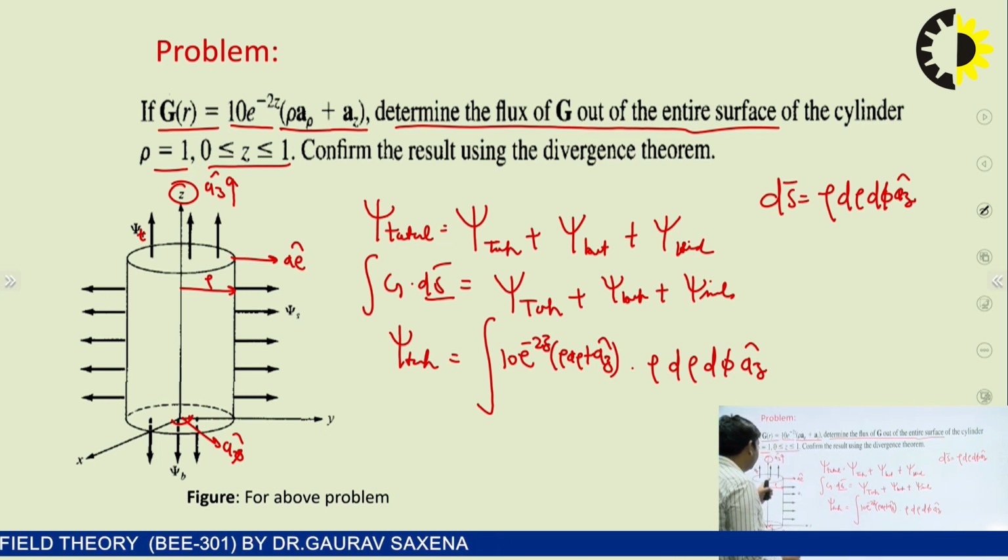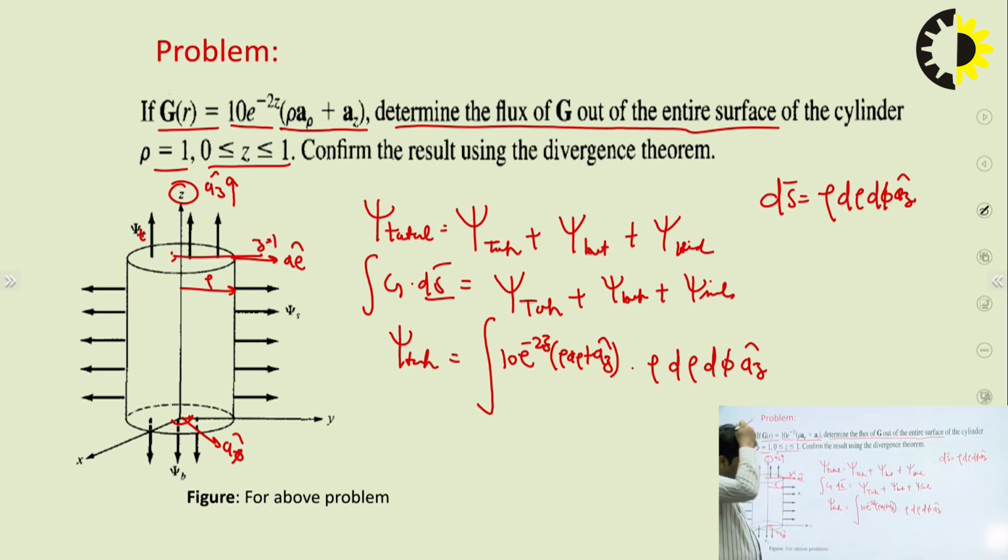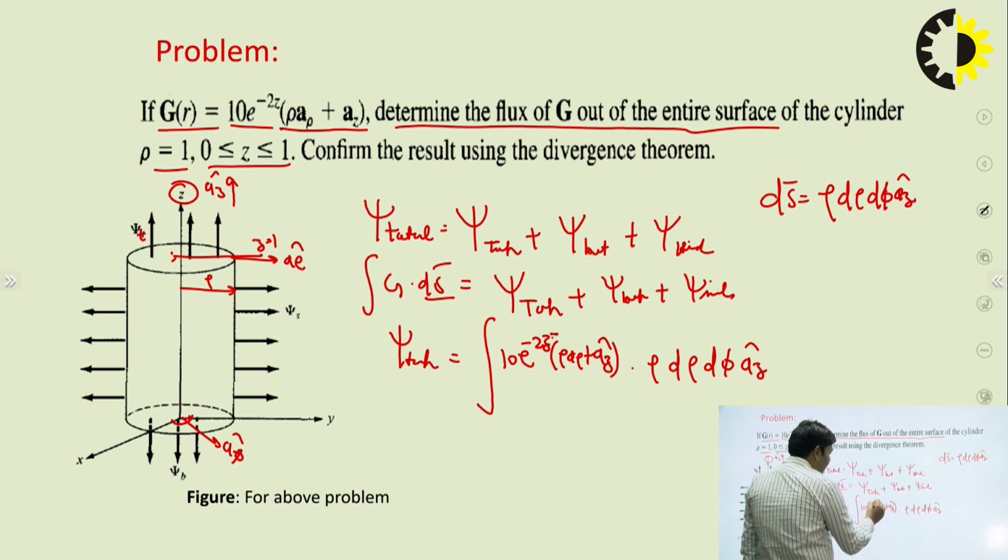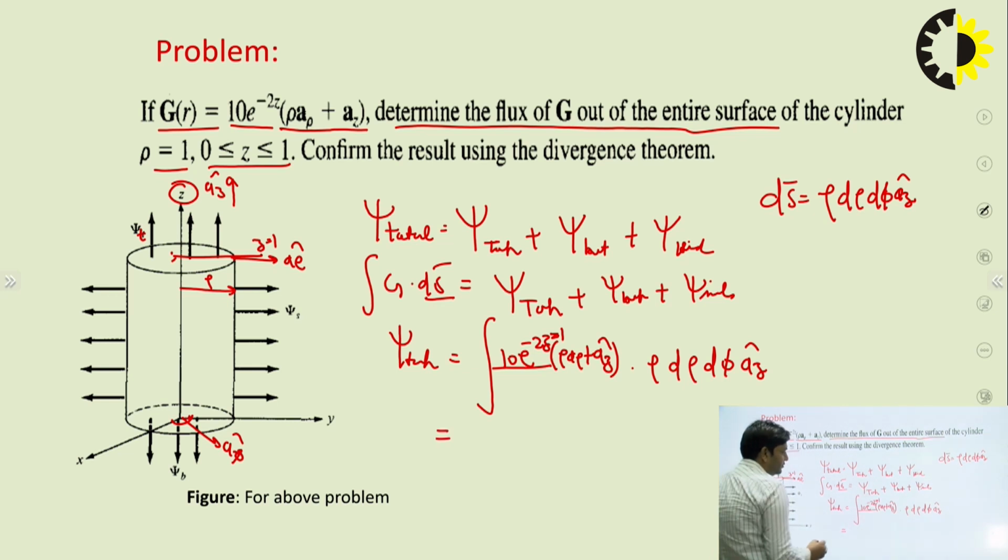At z equal to, what is the value of z here? z is equal to 1, because in the az direction z is constant. So we put the value of z equal to 1 here. So this is not dependent upon rho and z.